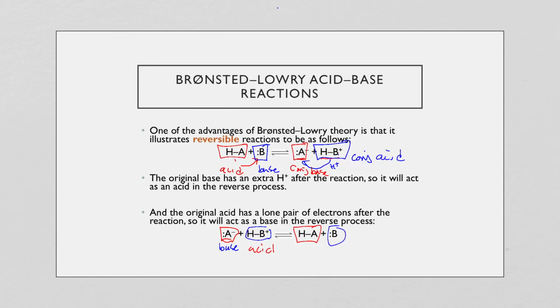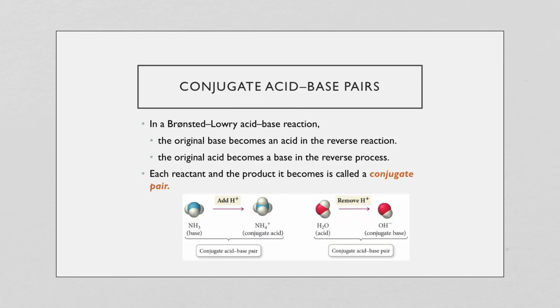So we have these pairs, what we call acid-base pairs. And this is how we characterize them. So we have the original base and the original acid becoming the opposite type of species as the product.